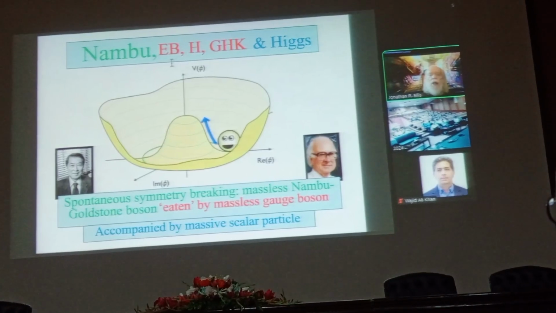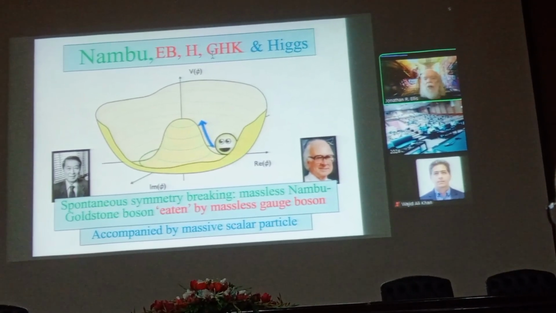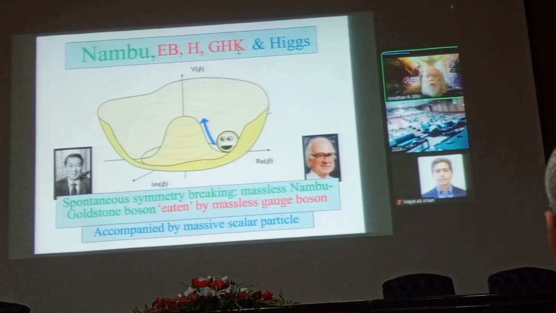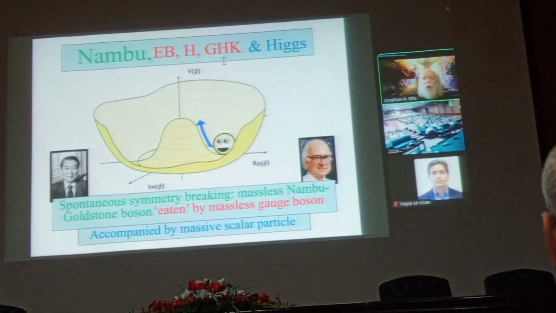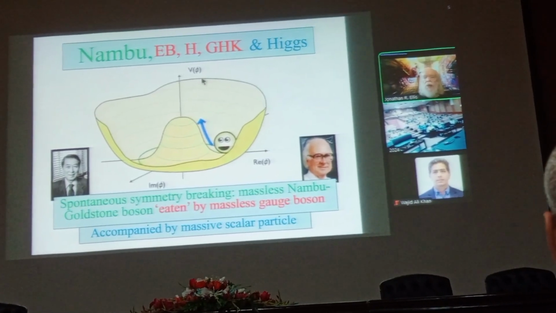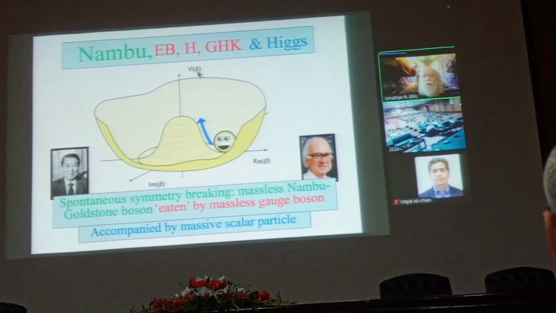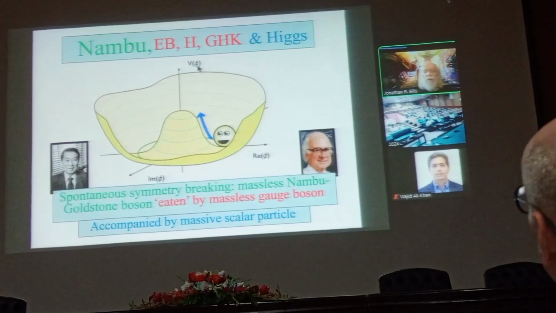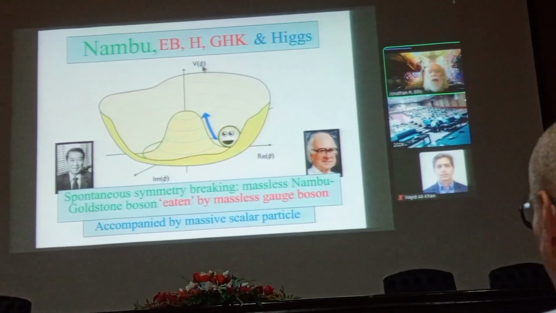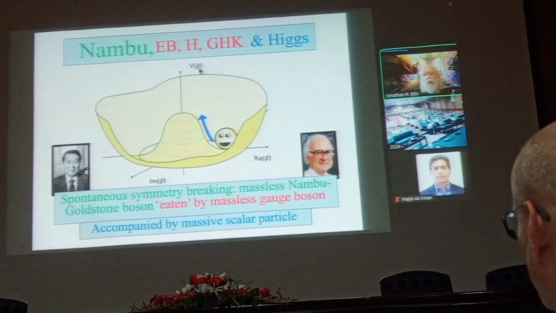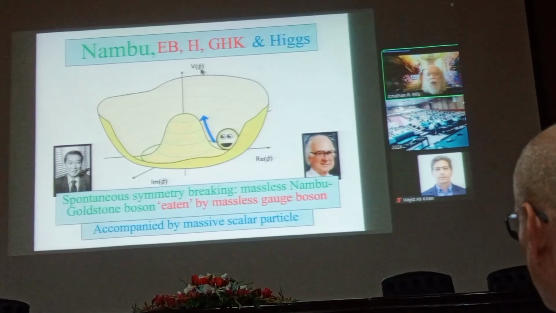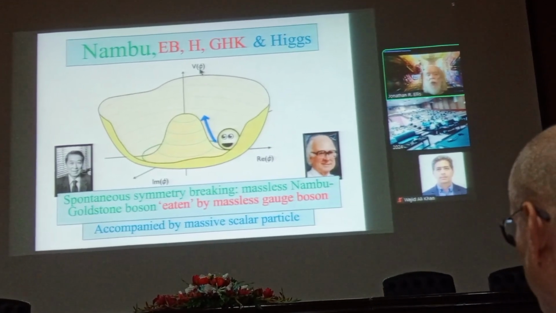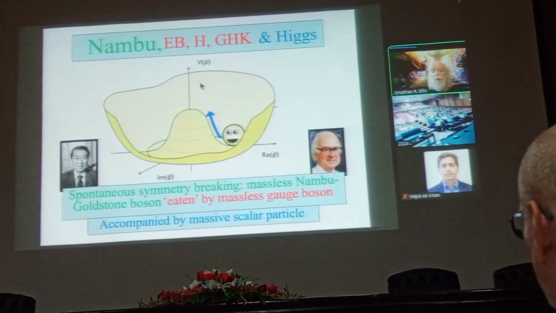Now what Brout, Englert, Higgs, and Guralnik, Hagen, and Kibble did later on in 1964 was they postulated, in addition to the scalar field phi, a vector field, a simple example, rather like a photon. And they pointed out that the vector field would combine with Nambu's massless scalar field to produce a massive vector boson.